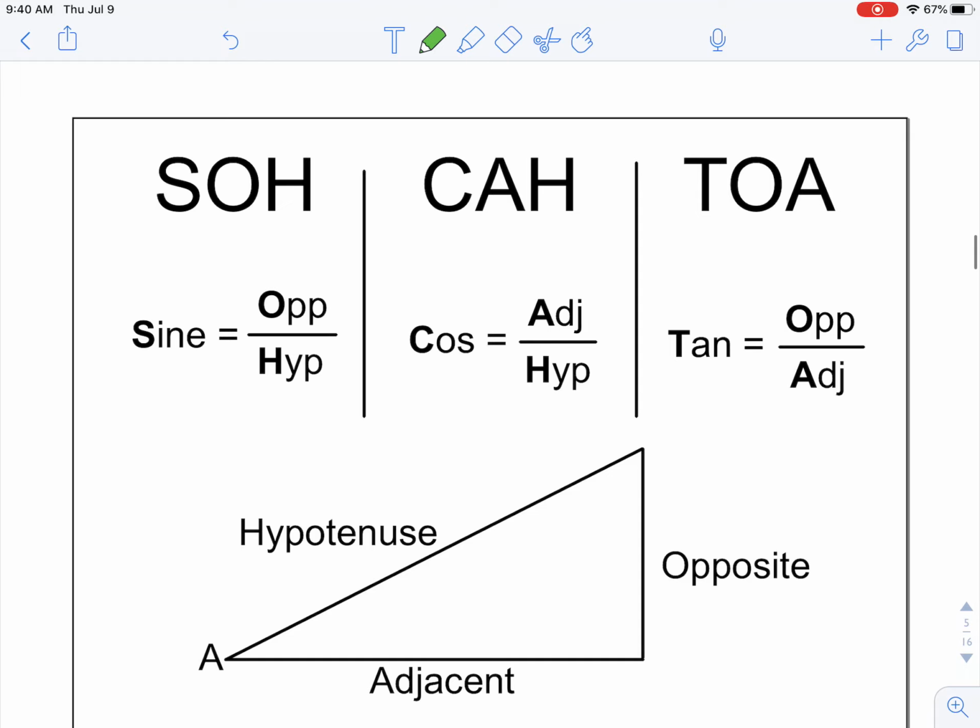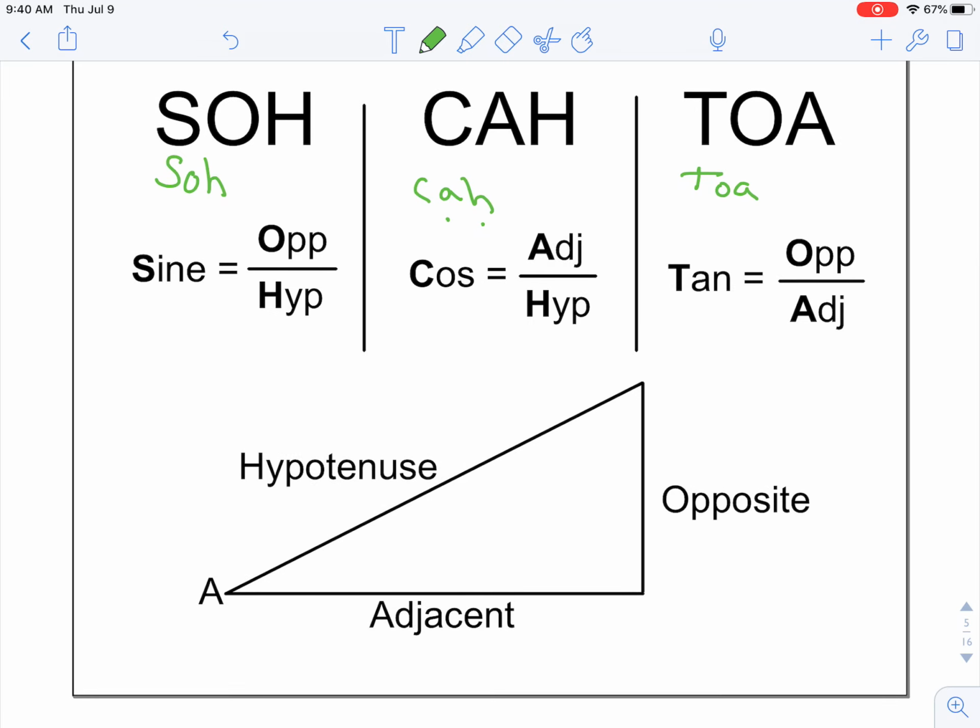Now, I think it's sometimes easier to look at this as a fraction, so I kind of like this model. Our sine is opposite over hypotenuse. Our CAH is adjacent over hypotenuse. So again, adjacent is for the A, hypotenuse for the H. And TOA, again, is our tangent ratio, opposite divided by adjacent.